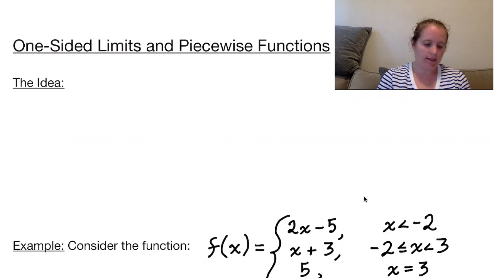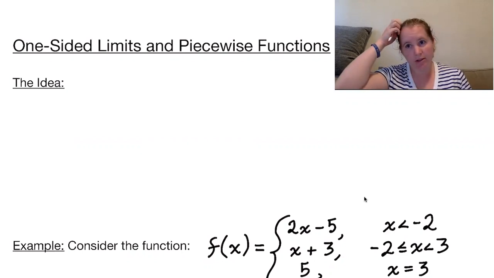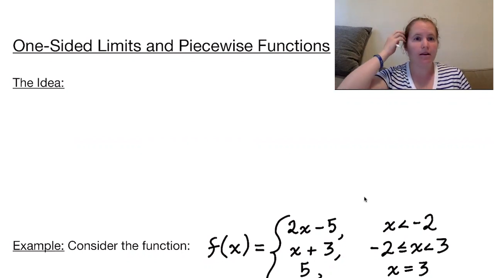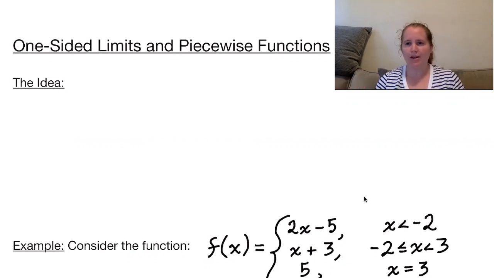So we've already seen one-sided limits, primarily looking at the graph of a function, but you can also find one-sided limits just by looking at the function in algebraic notation.